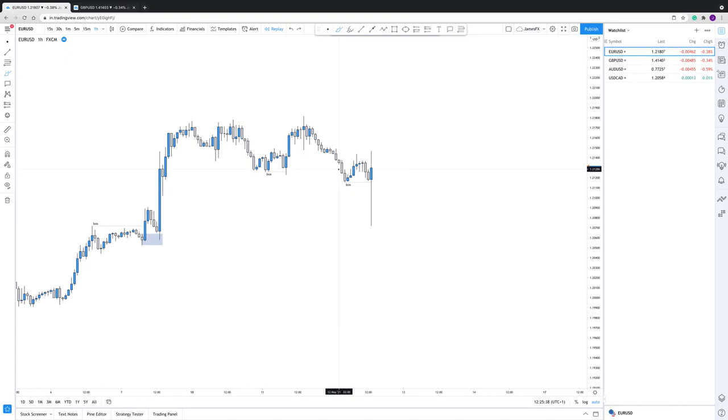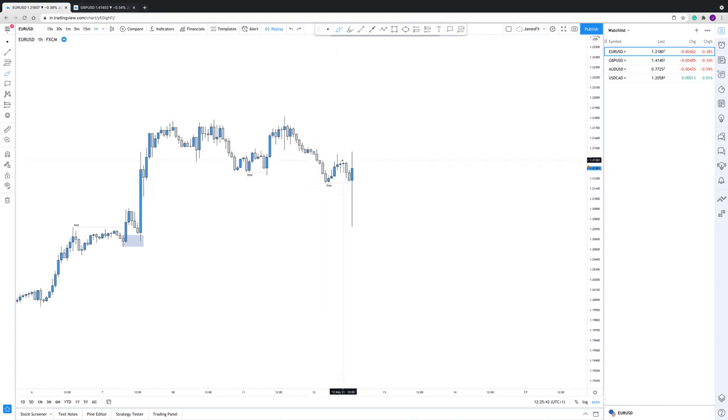Price then reverses, we put in a new low, and then we pull back, and then we have a huge wick. At one point price was down here, and then we actually closed bullish. So we pushed down below this low and then closed above it.